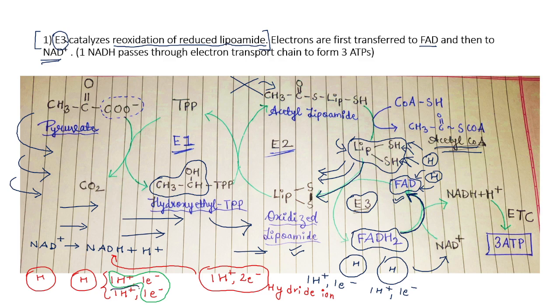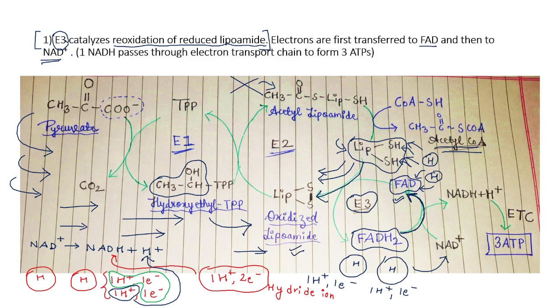This free hydrogen ion or free proton will be accepted as it is. So NAD+, that is oxidized state, will accept 1 hydride ion and 1 proton or 1 hydrogen ion as it is. Okay, and this is why we write NADH plus H+ and not NADH2.